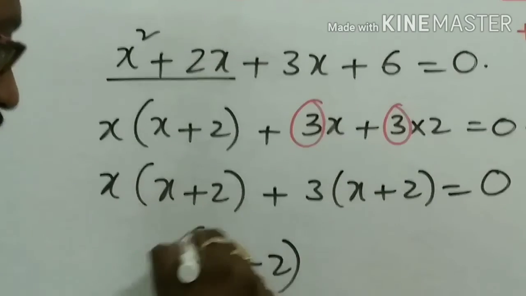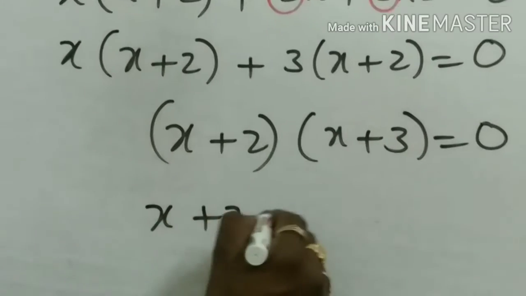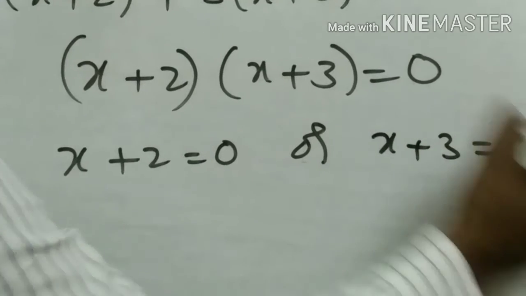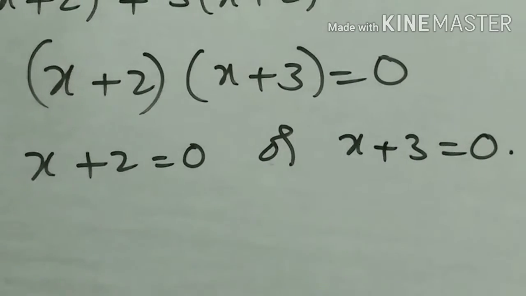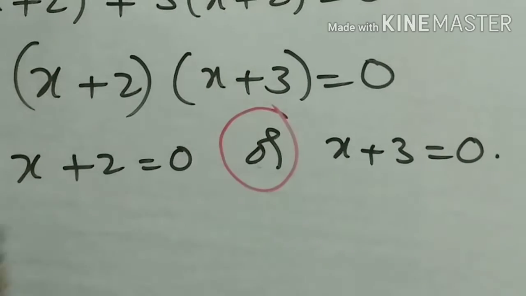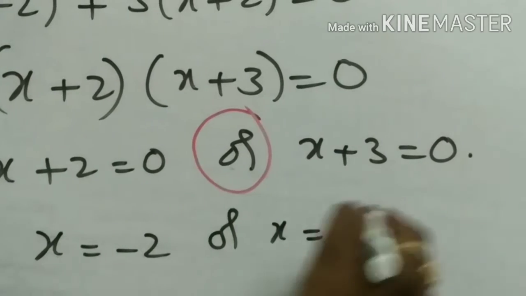So x plus 2 into x plus 3 is equal to 0. So x plus 2 is equal to 0 or x plus 3 is equal to 0. Here the very important word is "or". That means x is equal to minus 2 or x is equal to minus 3.